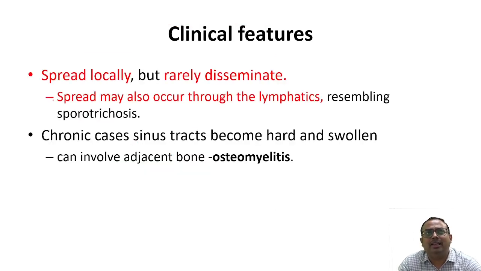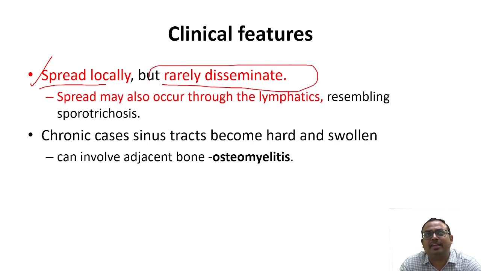So let's see about the spread. This condition spreads locally, so it involves dermis and subcutaneous tissue, but it rarely disseminates. If it spreads, it spreads through lymphatics, and it rarely spreads hematogenously.